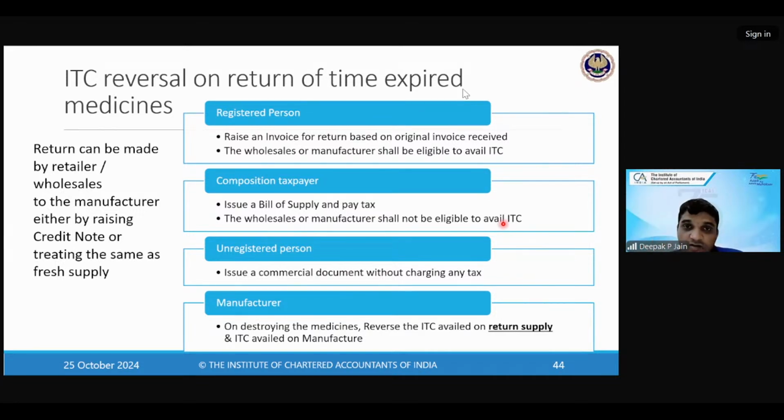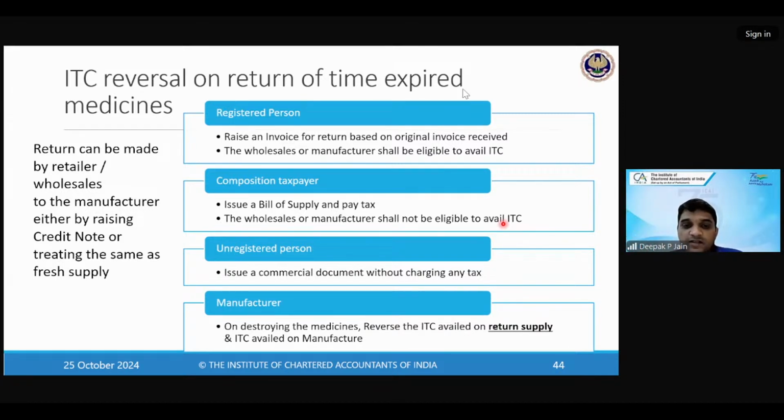Now, when the retailer wants to return back the goods, if he is registered, he will raise an invoice and the manufacturer will get the credit. If the pharmacist is a composition taxpayer, then he will raise an invoice and GST will be payable on that, credit will not be available. That will become an extra cost. Tax will be the extra cost for this retailer.